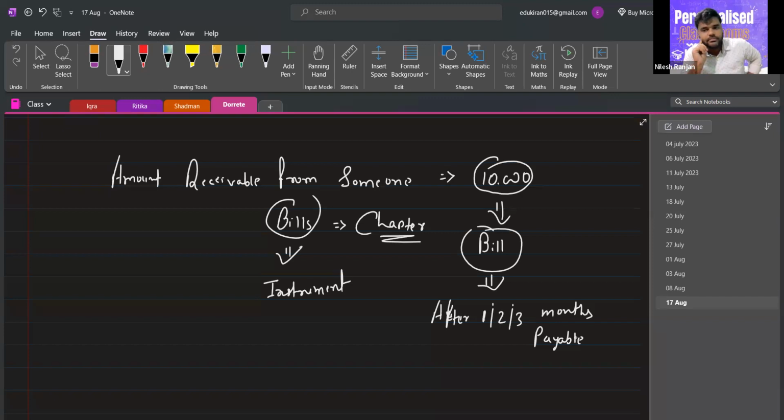Is this clear? So it is the same as a check, with a little bit of difference between these two. So this is called bills.